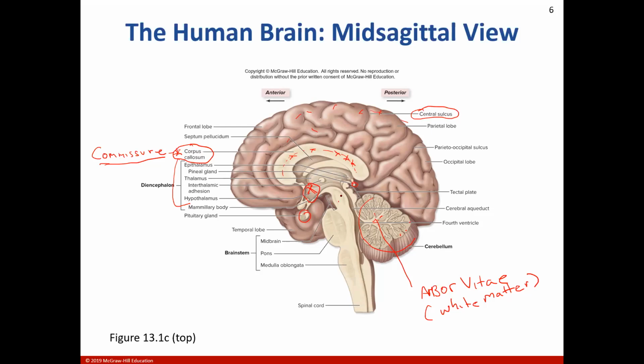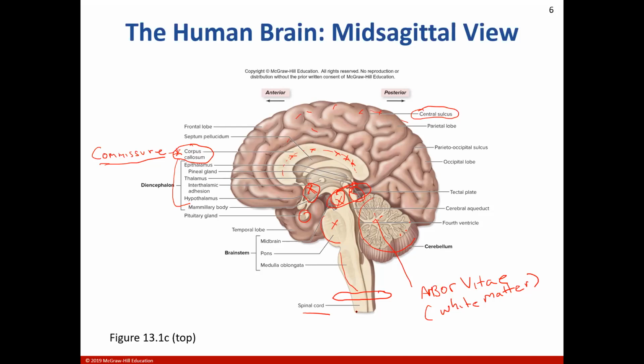Here's the midbrain. And this is both the back of the midbrain and the front of the midbrain. So this is all midbrain. This is the pons, which has a bulbous front there, more towards the anterior. Here's your medulla oblongata. Then you have your foramen magnum, and below the foramen magnum starts the spinal cord.